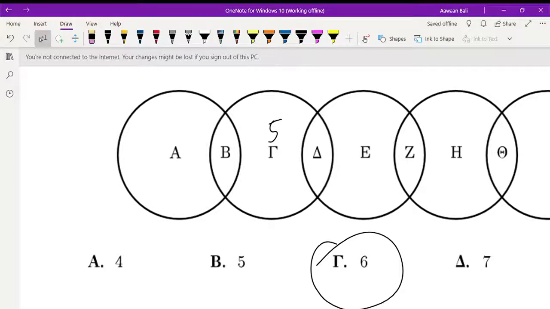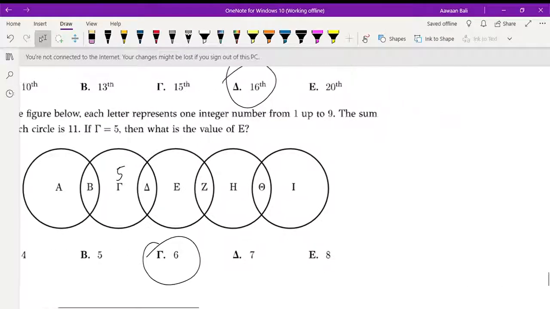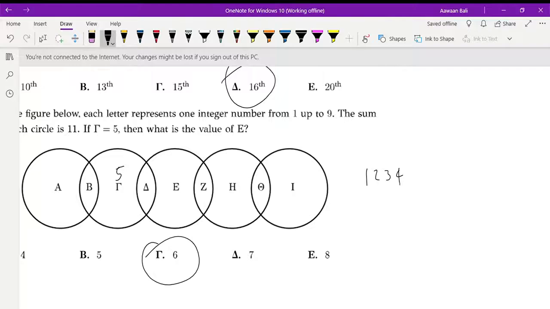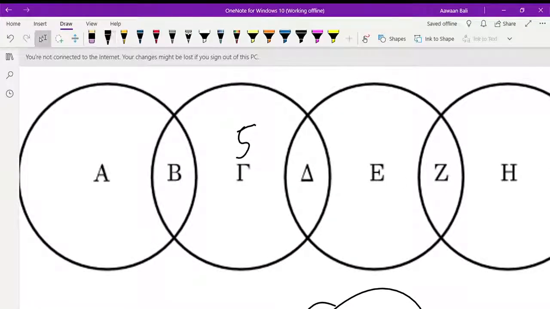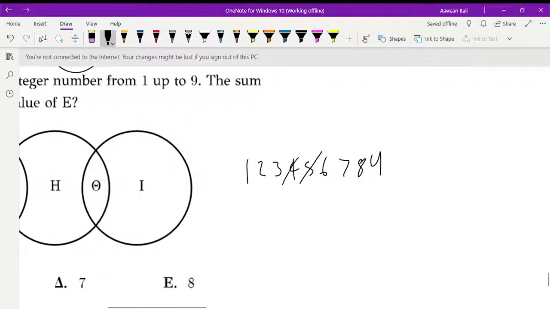I'll just say, and also we have to put 1, 2, 3, 4, 5, 6, 7, 8, 9. 5 is already taken. And then the sum of 6, we can just say here it's 4, here is 2, and 11 minus 4 is 7. So we can say A is 7. So 4, 7, and 2 have been taken.